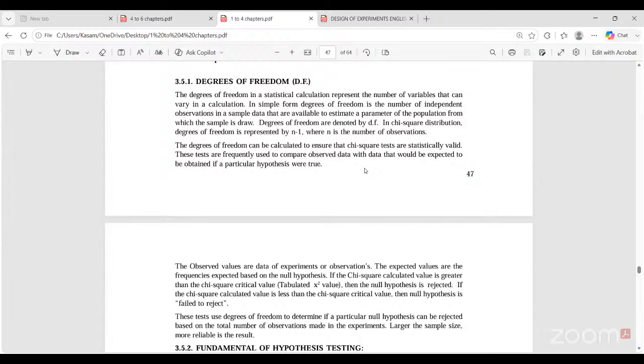So degrees of freedom. Degrees of freedom in statistical calculation represent the number of variables that can vary in a calculation.